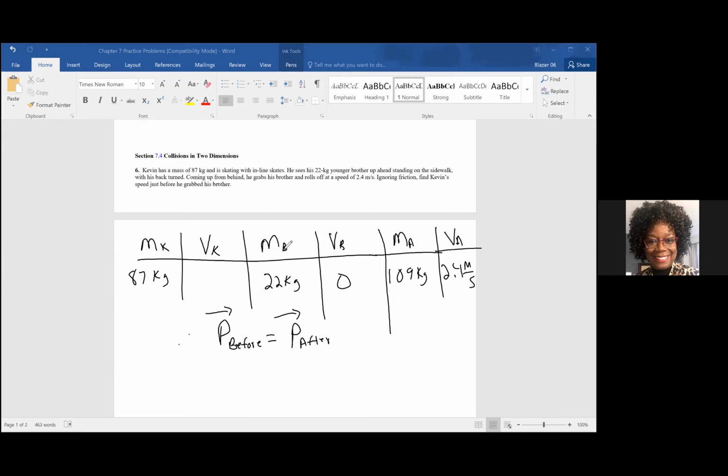It wasn't his brother because his brother was at rest. So it was only the momentum of Kevin, which is mass of Kevin times velocity of Kevin. And that must equal the momentum after. And after we have Kevin plus his brother and their velocity.